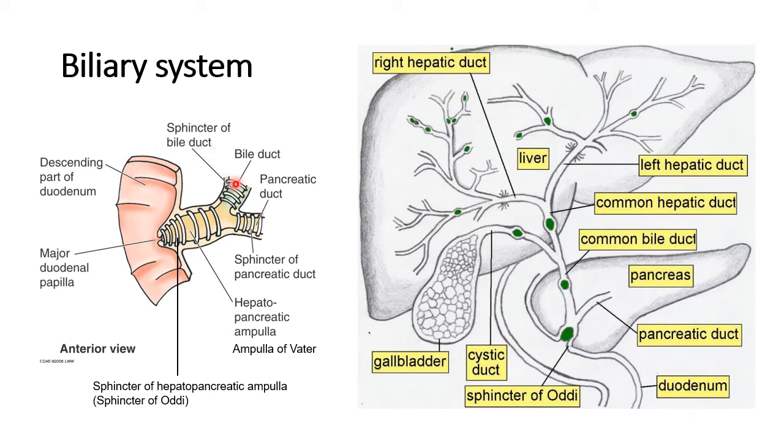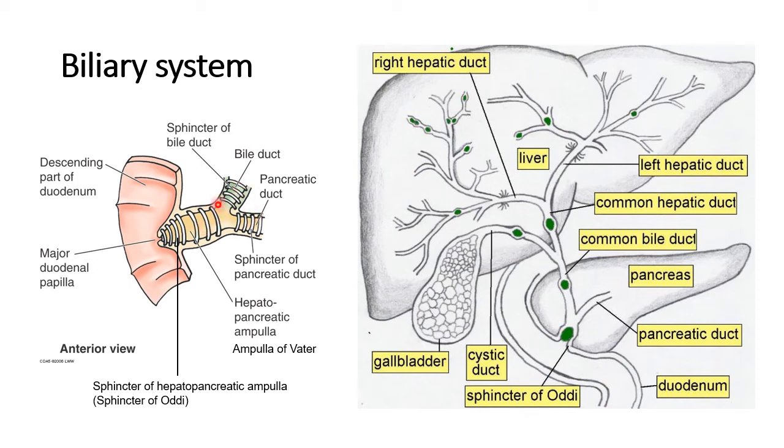Now each of these two ducts, the common bile duct and the main pancreatic duct, has its own sphincter controlling the secretions. So these sphincters relax when the secretions coming through the bile duct or the main pancreatic duct arrive, and then the secretion reaches the hepatopancreatic ampulla.